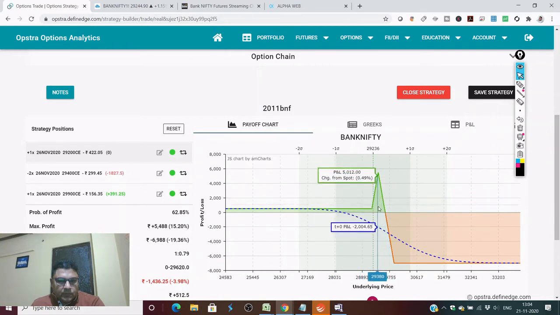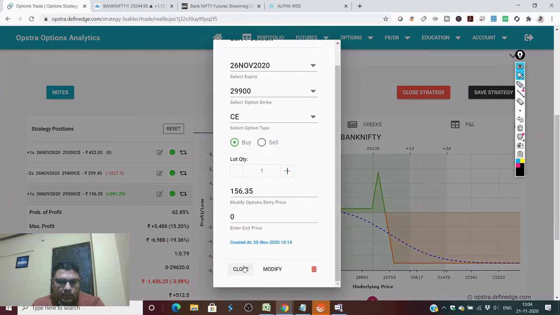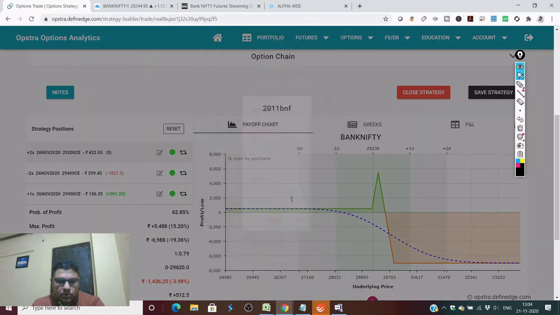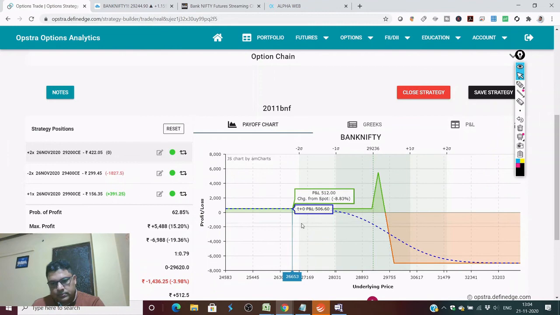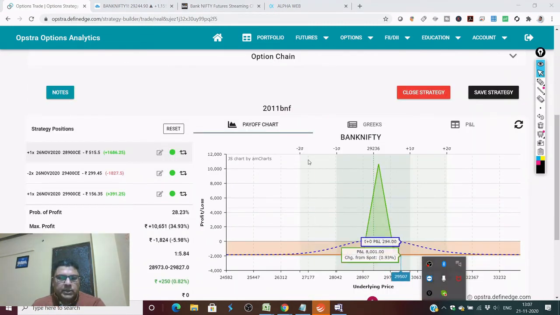And now if you further see the market moving forward, then you can also start increasing the quantity here. You can have 2 lots here. So like that you can start moving with the market.